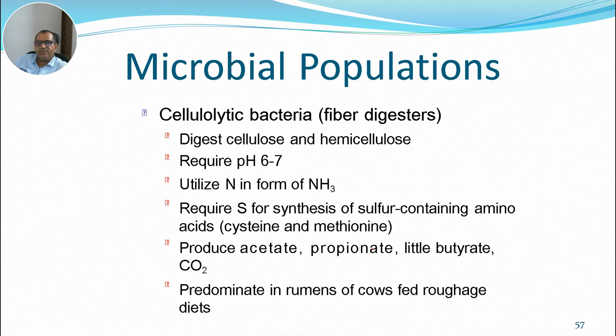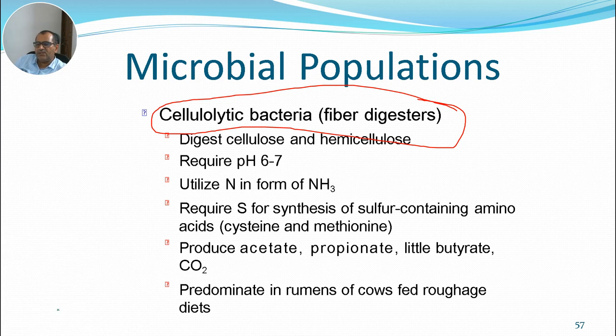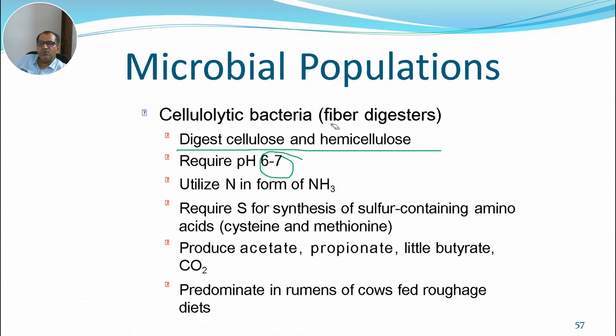Another thing is the microbial populations. The cellulolytic bacteria are also called fiber digesting bacteria. These bacteria require a pH of 6 to 7, and they are very much involved in the digestion of cellulose and also hemicellulose.